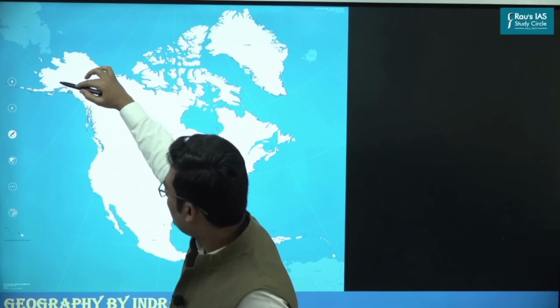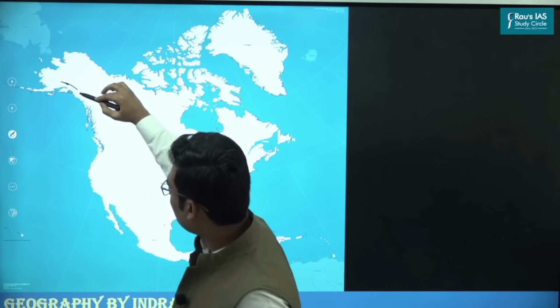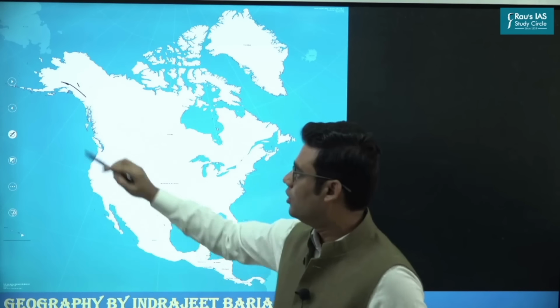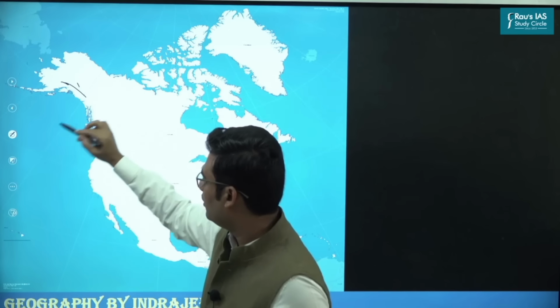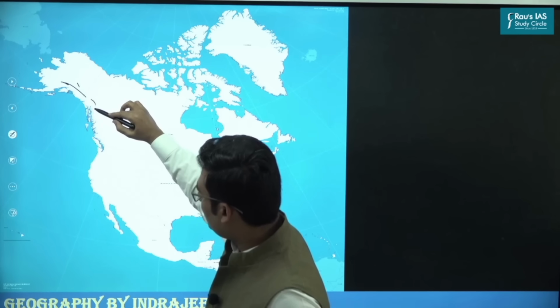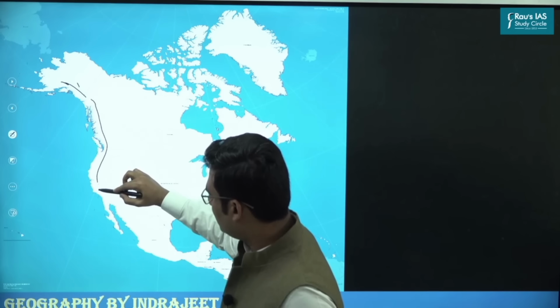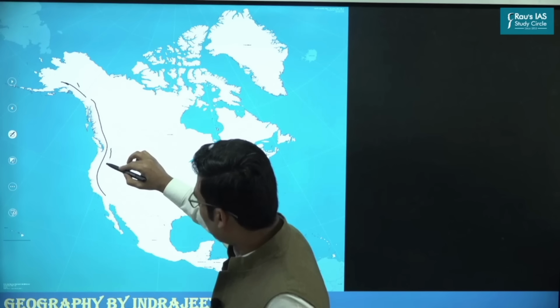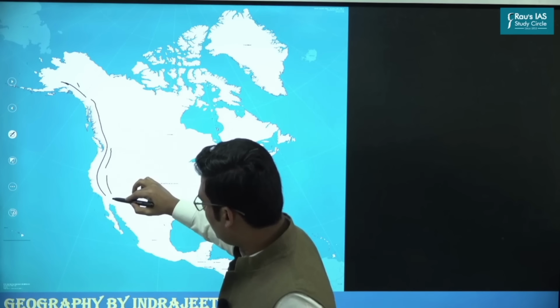In the case of the Western Ranges, what I'll see is the first range over here. First let me mark it and then we will name it. The first range lies over here. The second range runs like this. The third range lies over here. The fourth range lies over here.